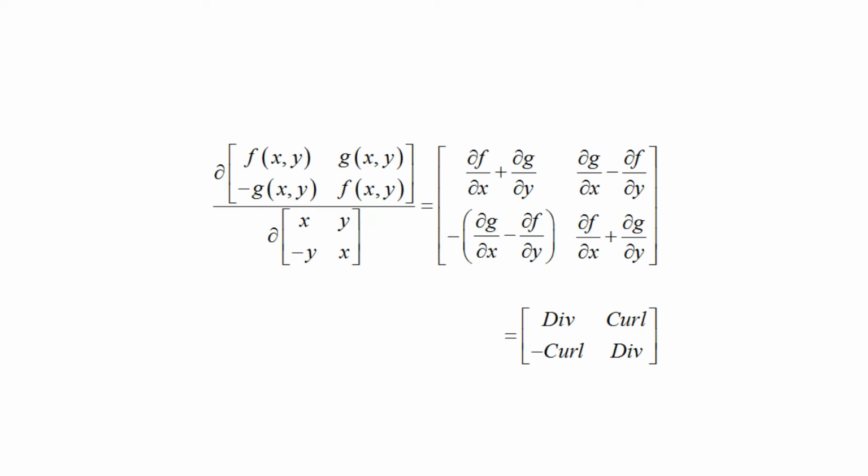Clearly, the complex function is acting as a potential. An important point is that the curl appears in the part of the matrix associated with rotation, the imaginary part. Functions that satisfy the Cauchy-Riemann equations are included within this general form of differentiation.